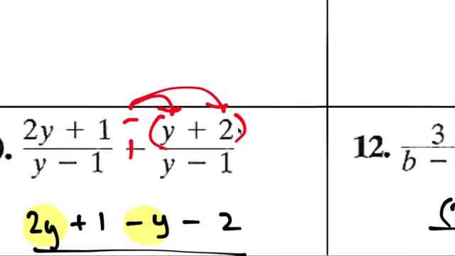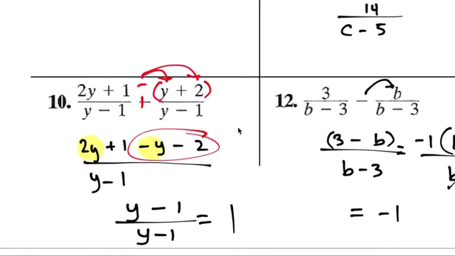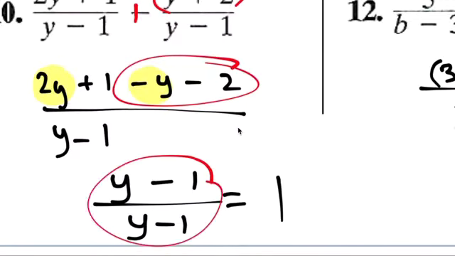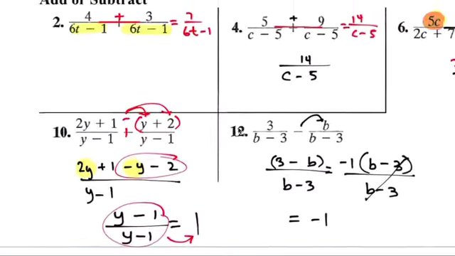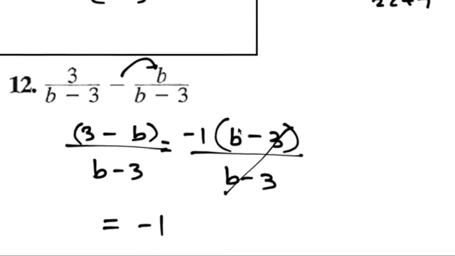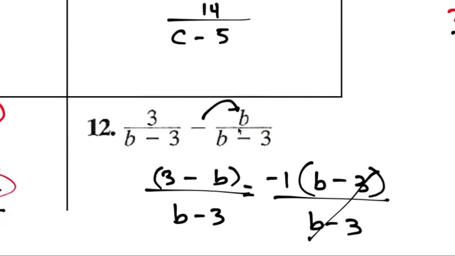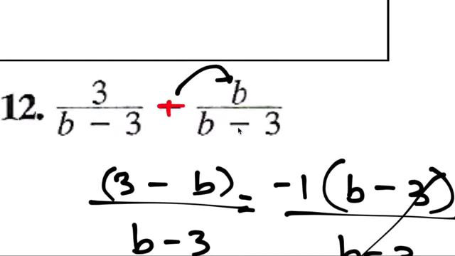That's how I got that answer here. And then you combine like terms to get that answer, and know that if it's the same, it still equals 1. Okay, so same thing here, that is a negative b, so that's why we got that.